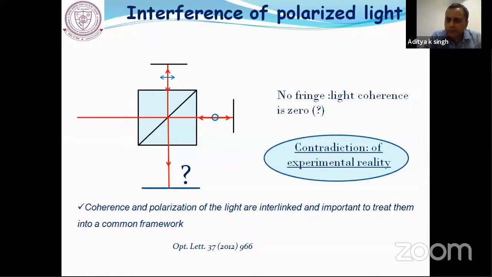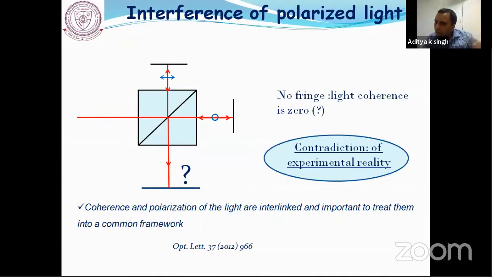A few definitions have come in recent years. I will not go into the definitions, I will just try to connect them. Rather than only measuring the intensity pattern, if you are able to capture all four Stokes parameters, you will be able to observe the modulation in at least two of the Stokes parameters.